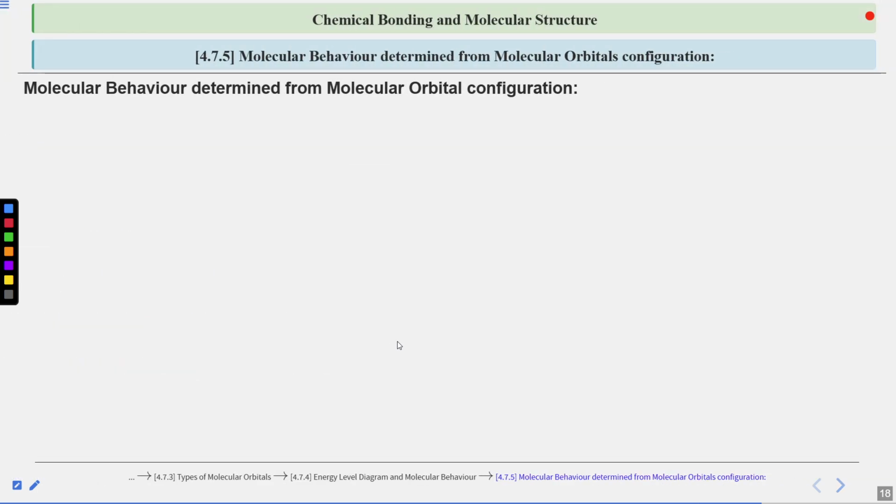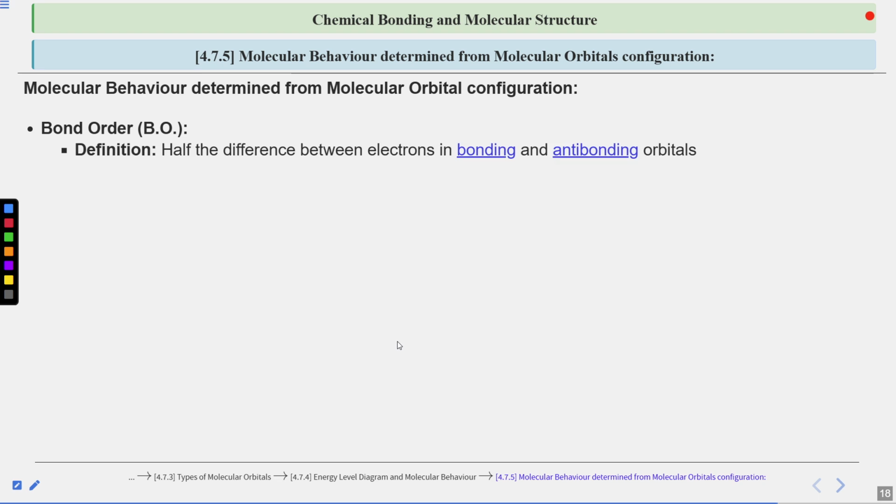Now moving on to the next. What is bond order? We have seen the bond order in terms of Lewis structure, but that is not accurate and not applicable to all of the molecules that we know. What is it? It is basically the difference between the electrons in bonding and anti-bonding orbitals divided by 2.